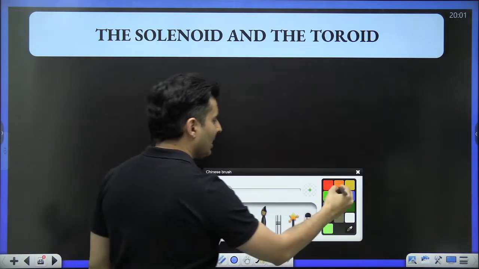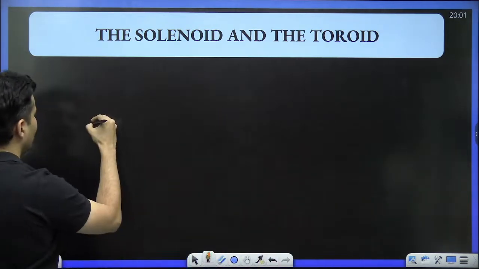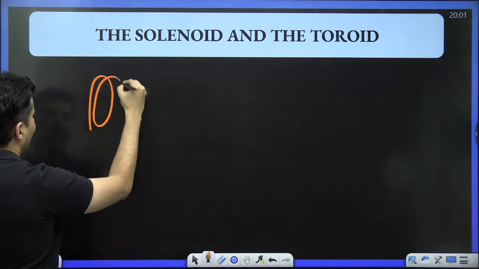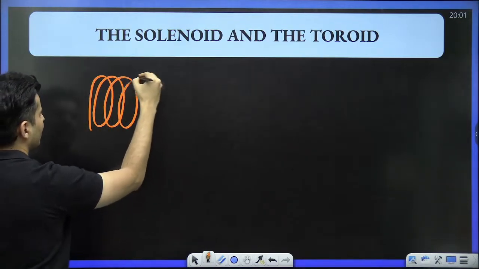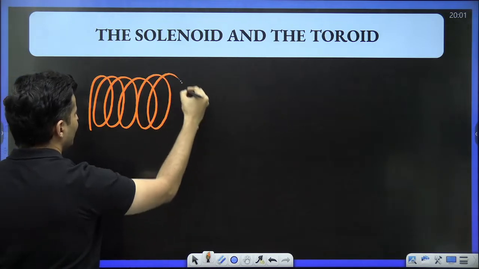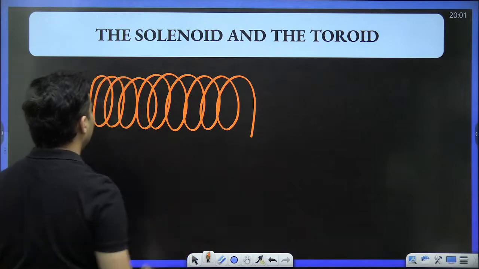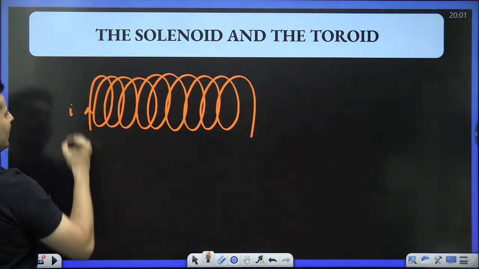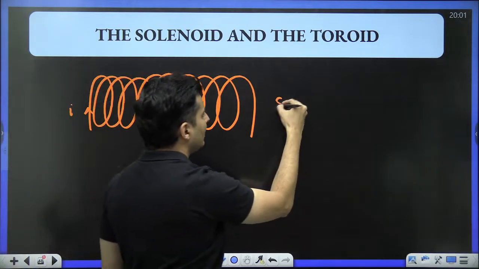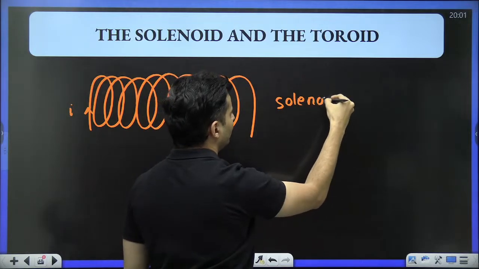Simply put, if you take a coil and the next turn is beside it, something like basically a helix or a spring, that coil, if now it carries some current, that is basically called a solenoid.